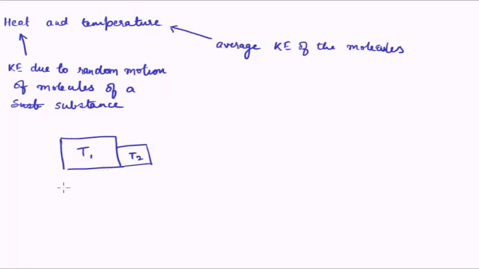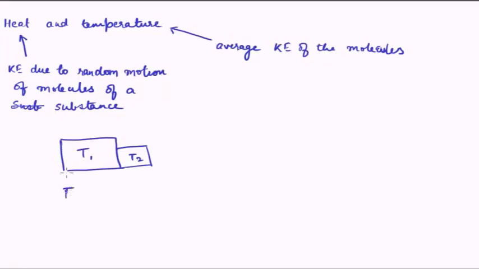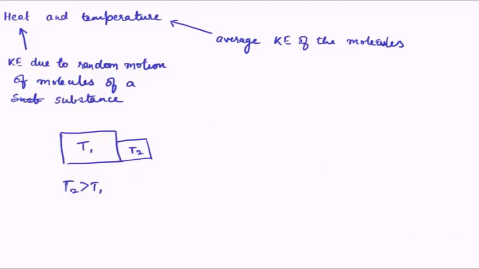And if T2 is greater than T1, then the heat will flow from the body which has higher temperature to the lower temperature. So the direction of heat flow is determined by the temperature. It always flows from higher temperature to lower temperature.